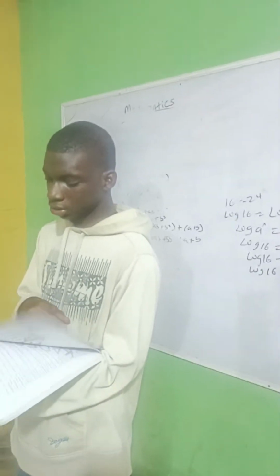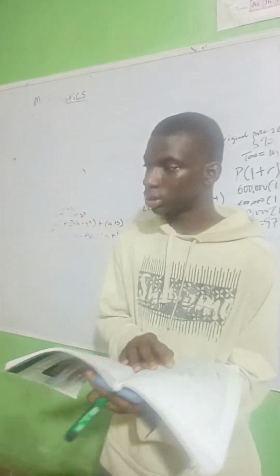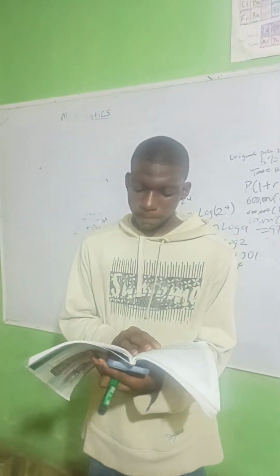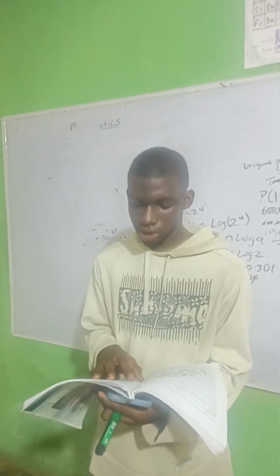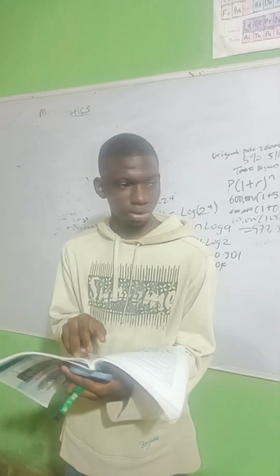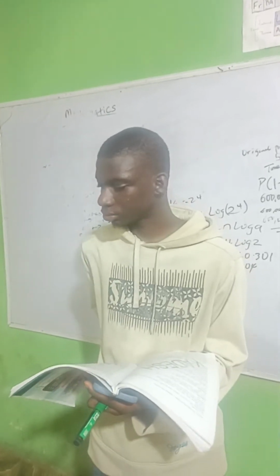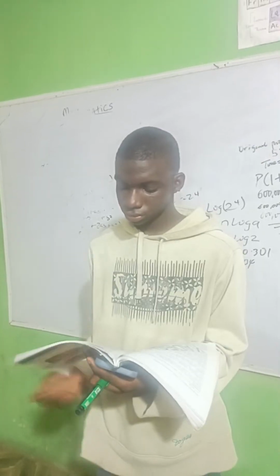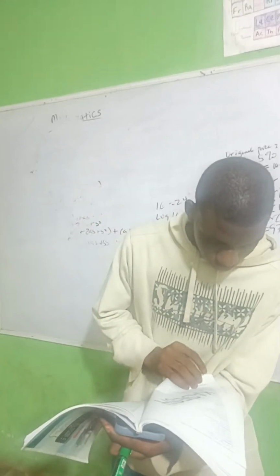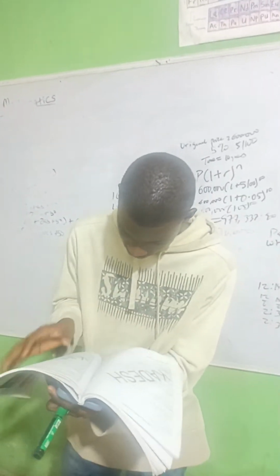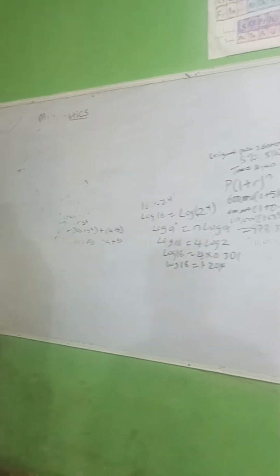If 4x minus 2 is equal to 3x minus 9, then what is the value of 2x? Minus 14. Okay, that's correct.